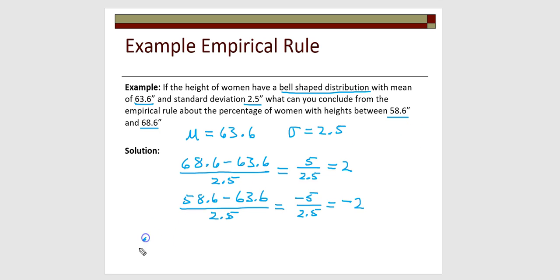And therefore, by the empirical rule, since these two numbers are 2 standard deviations away from the mean, and we're assuming that we have a bell-shaped distribution, or a normally distributed set of data, then we can conclude that approximately 95% of all women have heights between 58.6 and 68.6 inches. And that concludes our discussion about Chebyshev's theorem and the empirical rule.